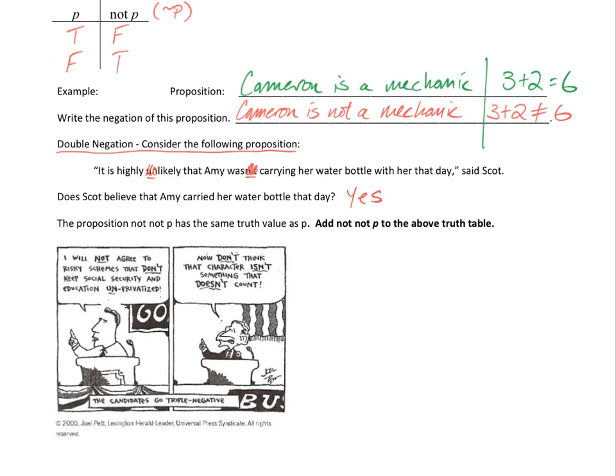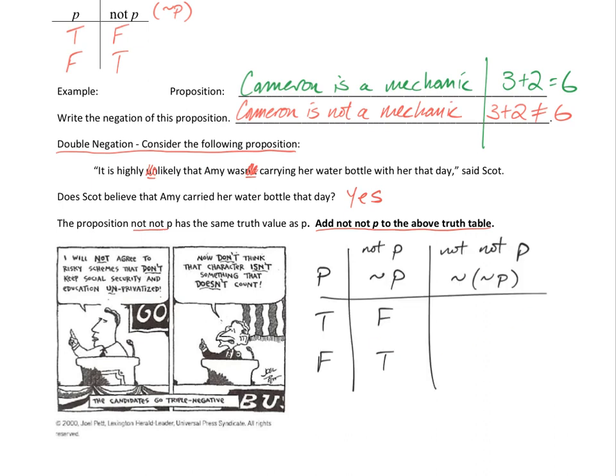The proposition not not P has the same truth value as P. It says add not not P to the truth table above, but I'm just going to rewrite it right in this area really quickly. So from above, we had this part of the table. But now we have this new column that we're going to be adding to it.